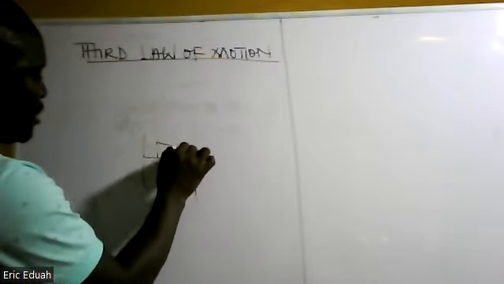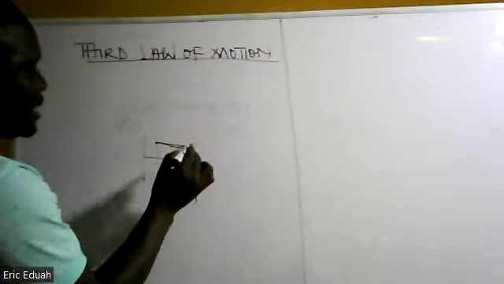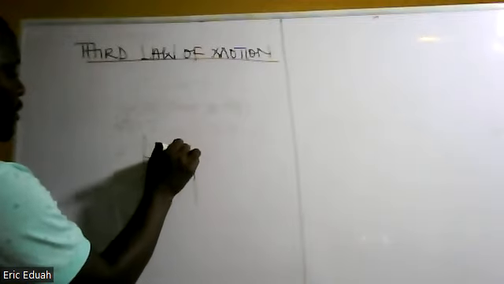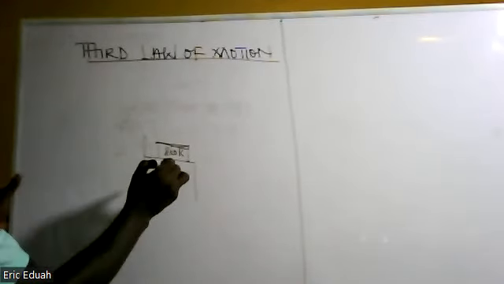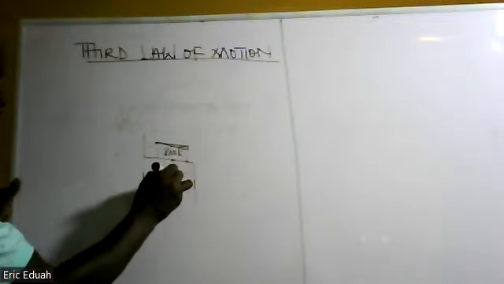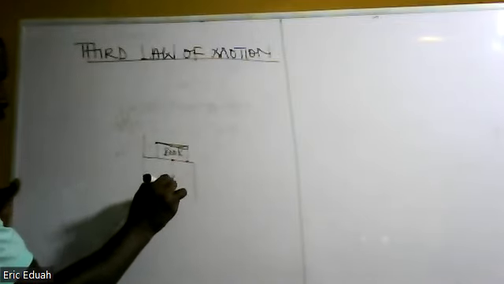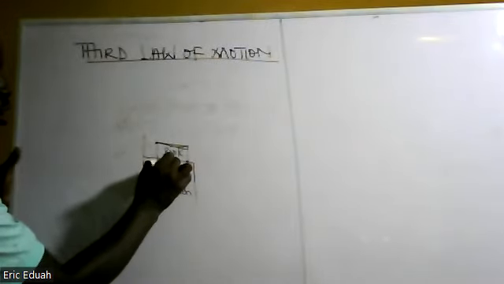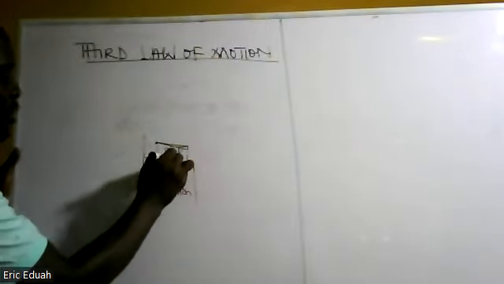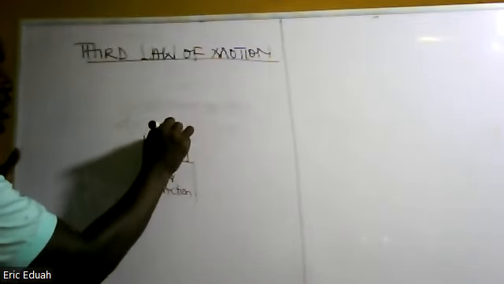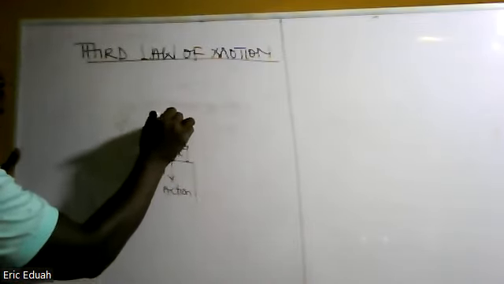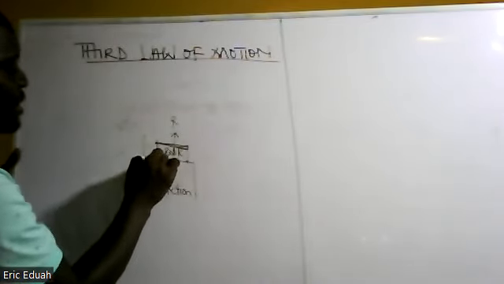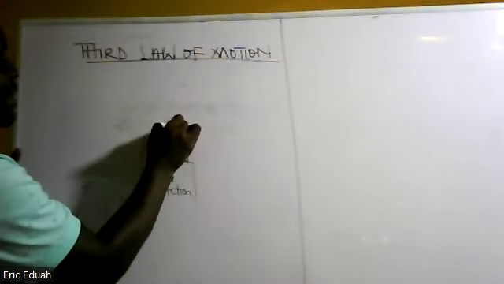All that we are saying is that the book will exert a force on the table, and this force is the action. Then the table would exert an equal but opposite force on the book. So the force that is exerted in the opposite direction becomes the reaction.